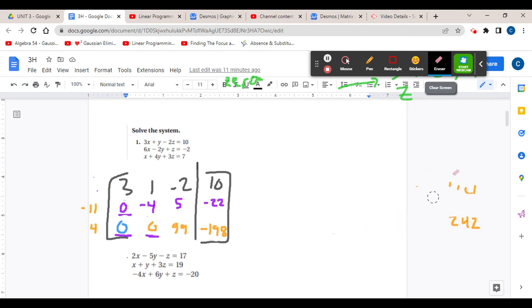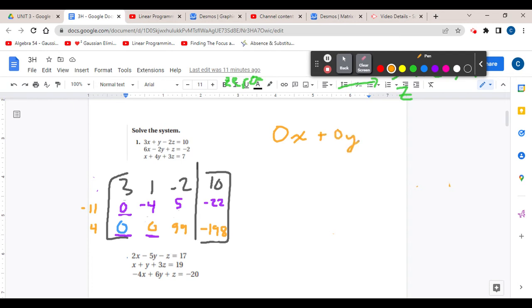Okay, so going to our bottom row, all we have is this: 0x plus 0y plus 99z equals negative 198. So now those are gone. So we have 99z equals negative 198.